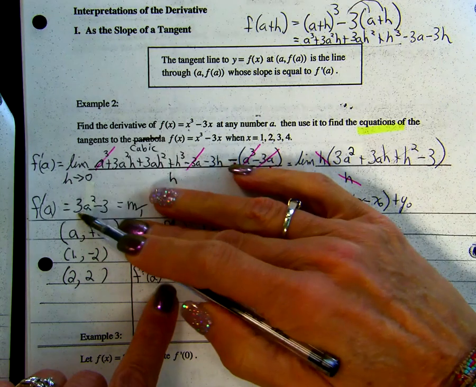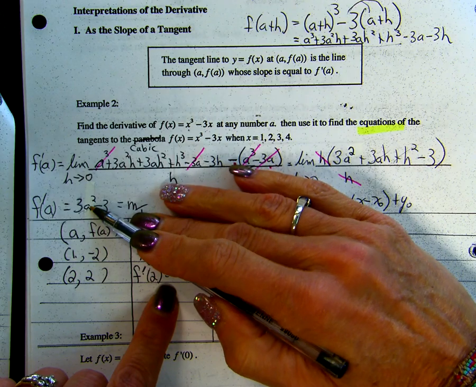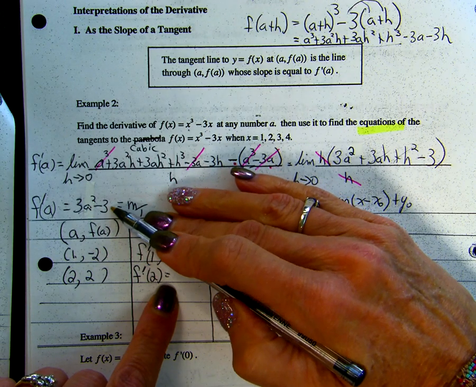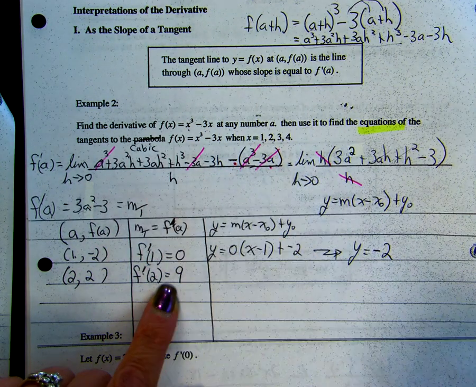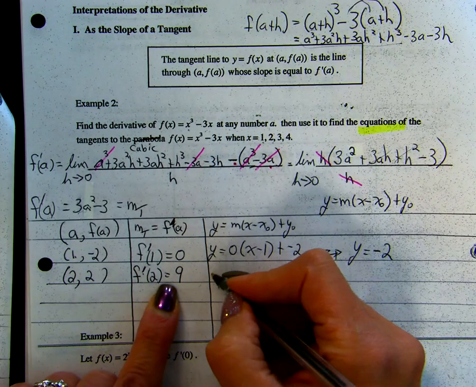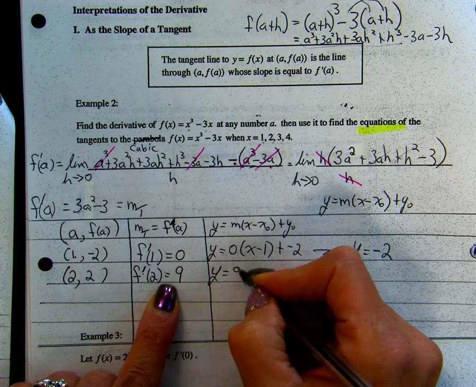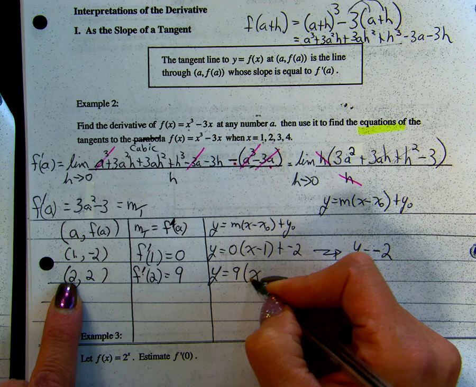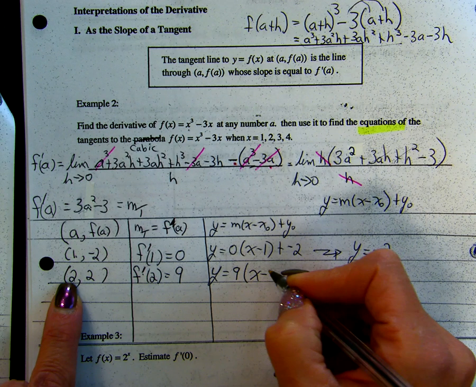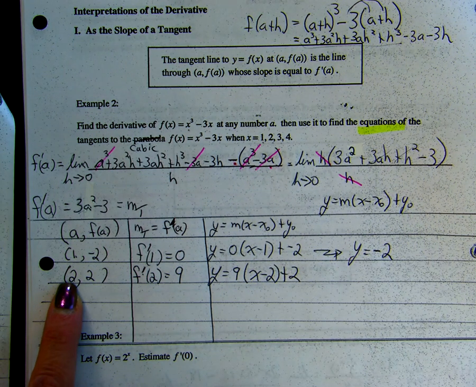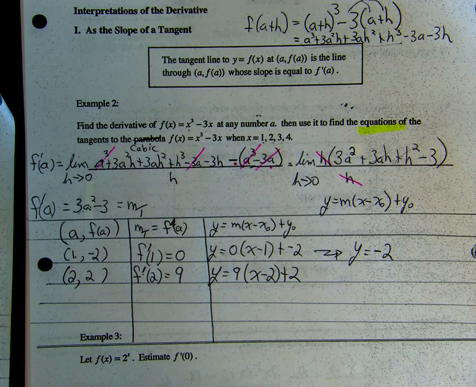It would be 3 times 2 squared, 4 times 3, 12, minus 3 would give me 9. So what's my equation? Y equals 9 times x minus 2 plus 2. You can expand, put that into y equals mx plus b format if you like.